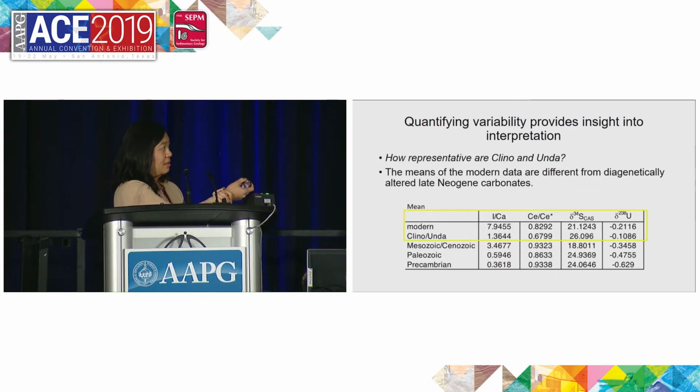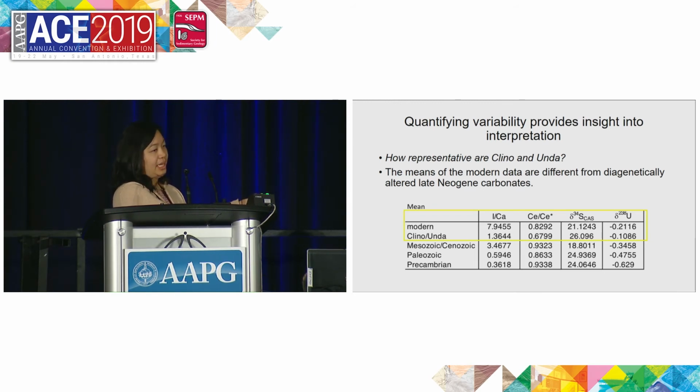So, just some simple statistics to highlight this. I've shown the mean of these different time intervals that have been binned here for each of these proxies. If we just look at the modern versus Clino and Unda sites, again, we don't expect that there should be large redox changes here, so they should ideally match very nicely. That's not the case at all. They're quite different.